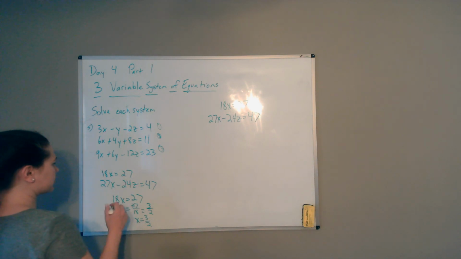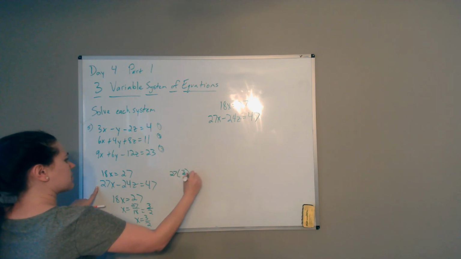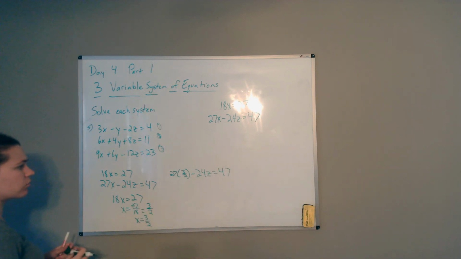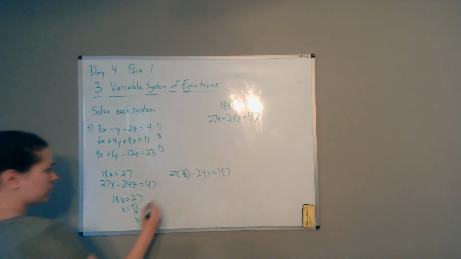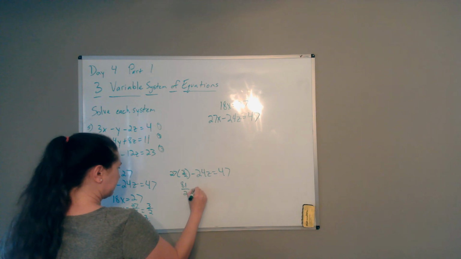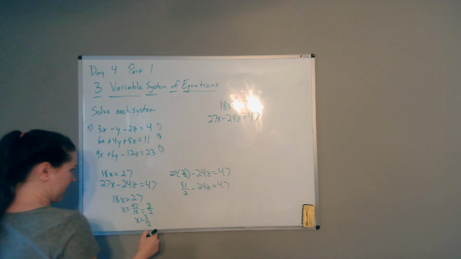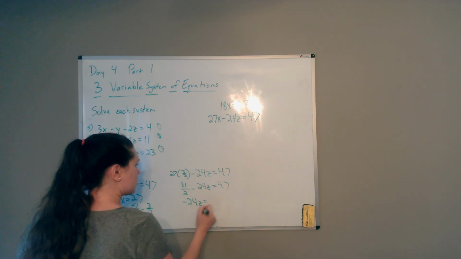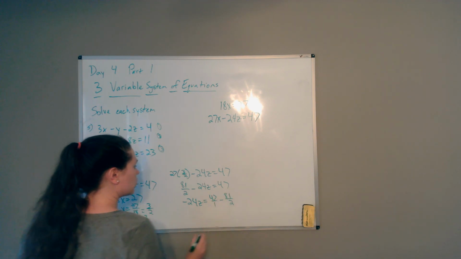So now we'll solve for z. So 27 times 3 halves minus 24z equals 47. So now it's going to get a little rough here. Okay, we have to do 27 times 3 halves. So that's going to put us at 81 over 2 minus 24z equals 47. So now we have to subtract 81 halves from both sides. So 24z equals 47 over 1 minus 81 over 2.